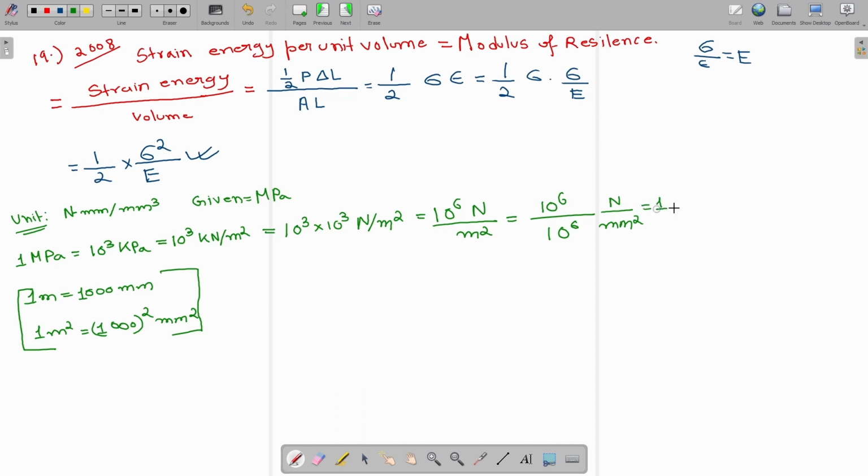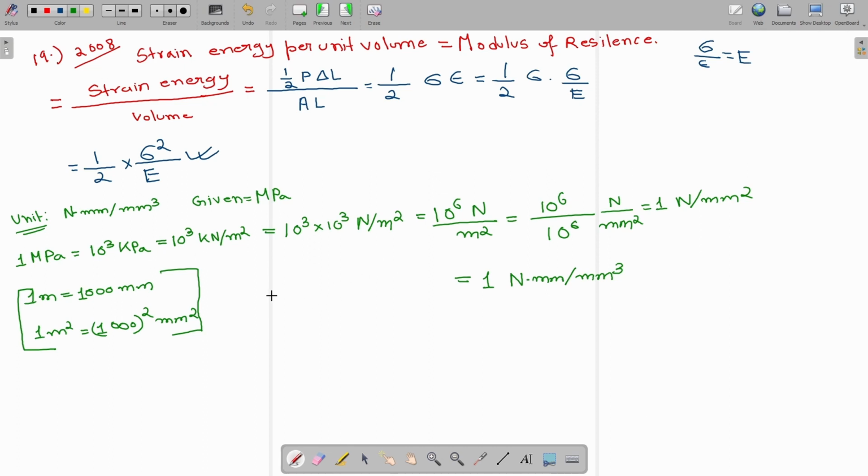We are getting 1 Newton per millimeter square. Now it can be written as 1 Newton millimeter per millimeter to the power cube. This is very important. So to convert 1 MPa or megapascal to Newton millimeter per millimeter cube, we need to do nothing. There is no conversion. The unit will be as it is, the data will be as it is.